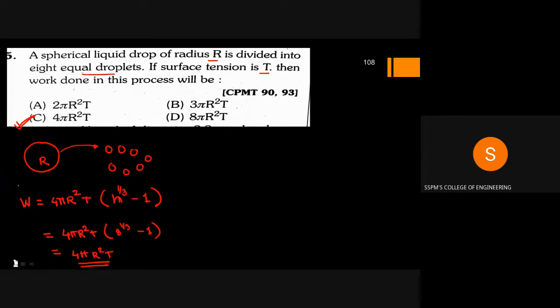So you should remember this formula when a large single drop is divided into n equal droplets.